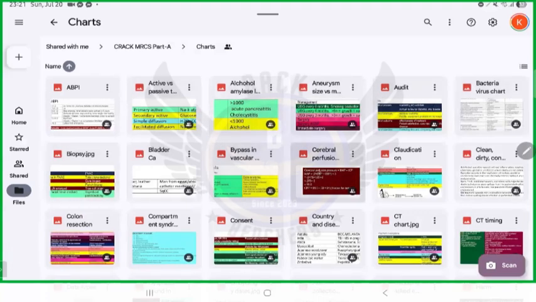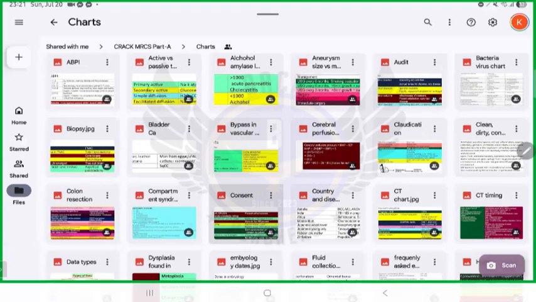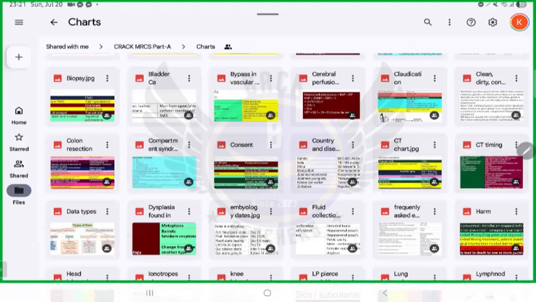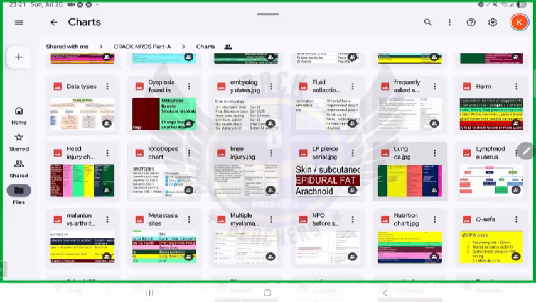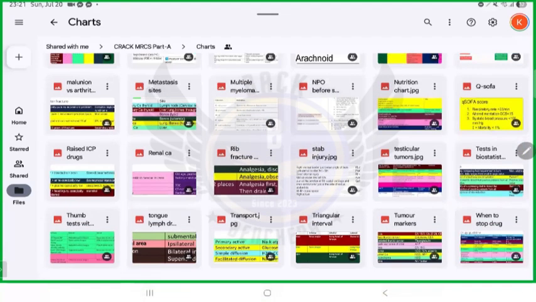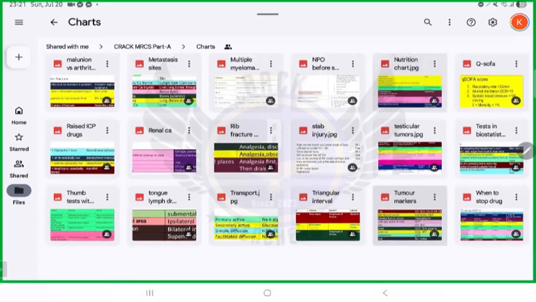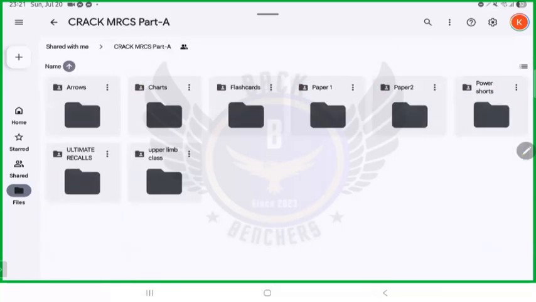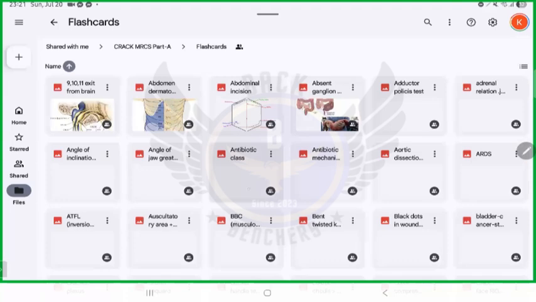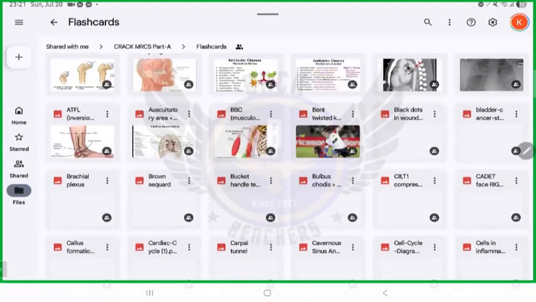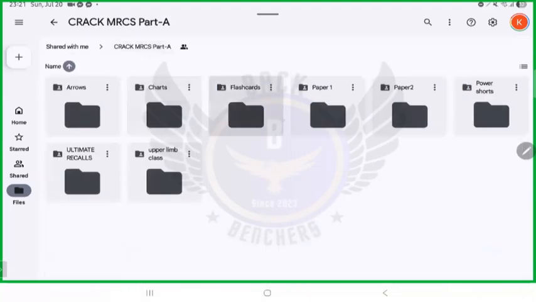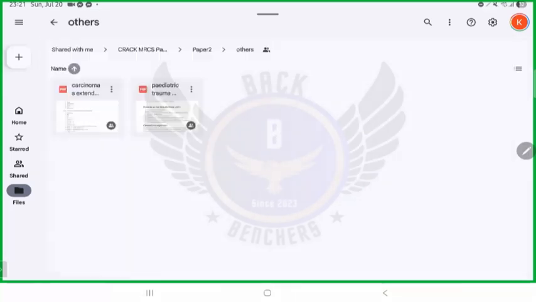Bacteria, virus, biopsy, bladder, bypass, claudication, clean dirty wound, colon resection, CT chart, CT timing, fluid calculation. Where is hypothermia? Okay, the chart we have.